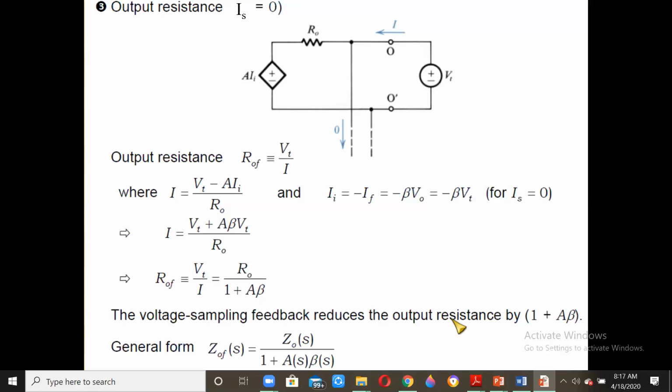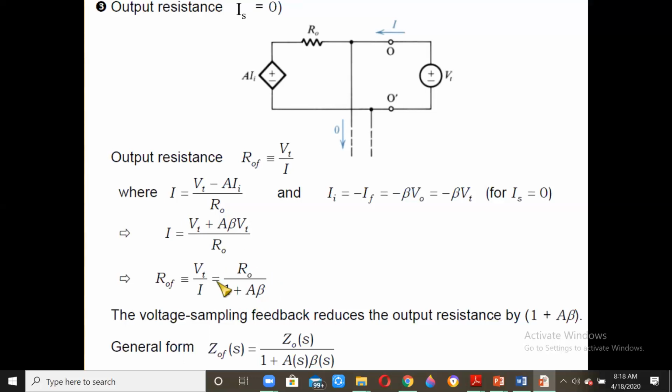If you substitute that here, then we get this. VT you can take out common and we'll get 1 plus A beta here. Taking I to this side and R0 to that side, ROF is equal to VT by I, which is equal to R0 by 1 plus A beta.